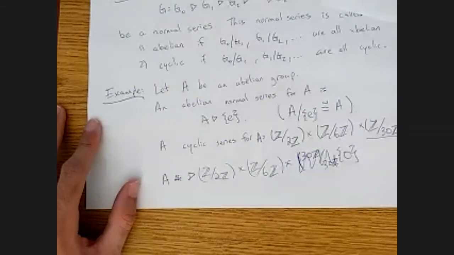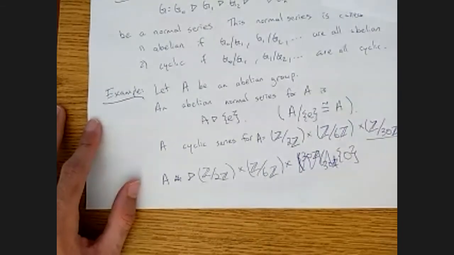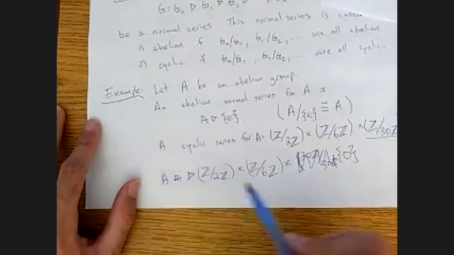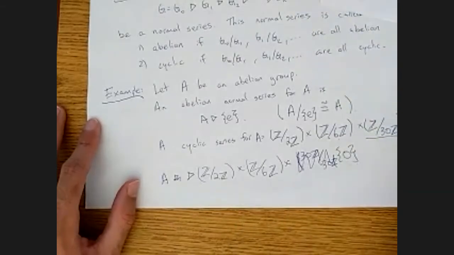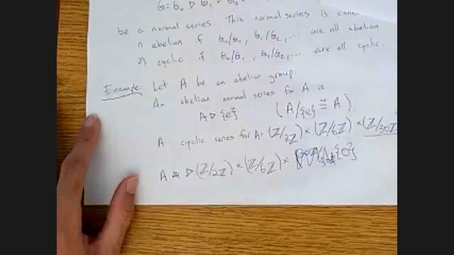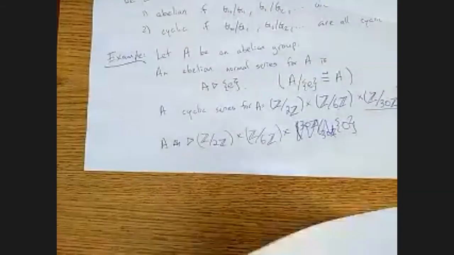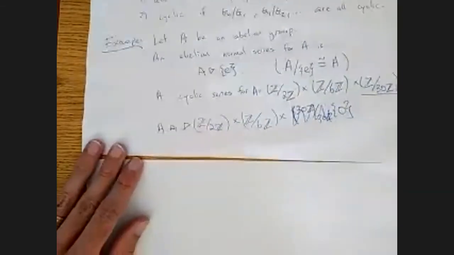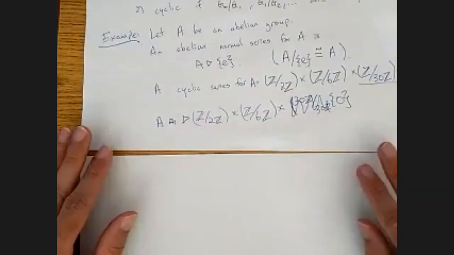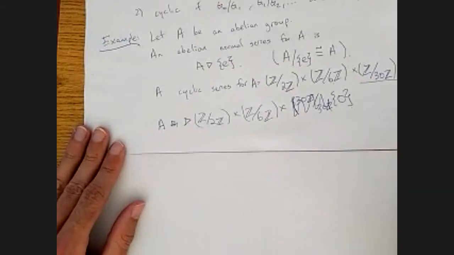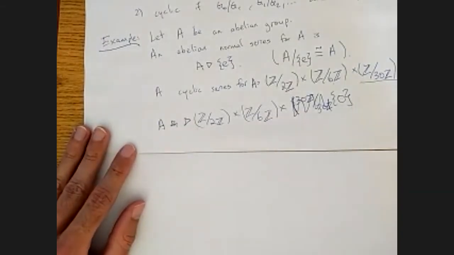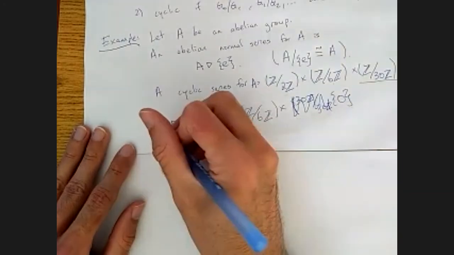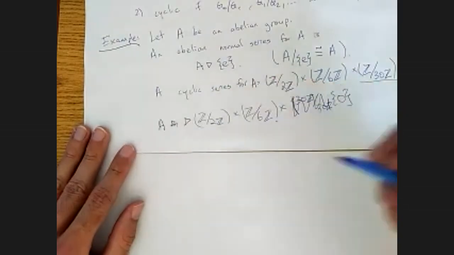Before I move on, I want to explain why A mod this subgroup is a cyclic group. This is where we use isomorphism theorems. So let's explain why this quotient is cyclic.